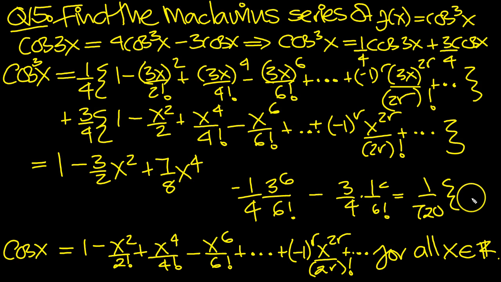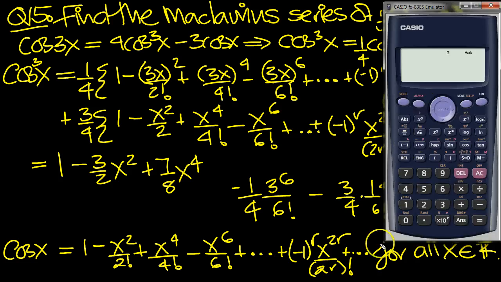We've got minus 1/4, 3 to the 6 is 9 cubed, which is 729. And then we've got the minus here, haven't we? Plus 3 over 4, plus 3 over 4. So we've actually got 732 over 4 and then 1 over 720.